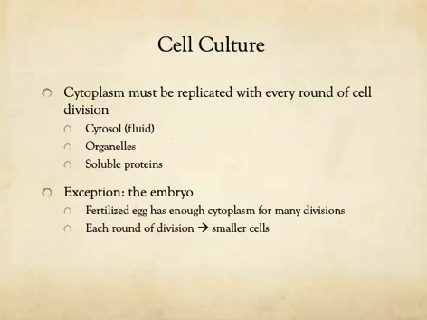Now, there is one important exception that I want us to be familiar with, and that is in the embryo. Remember, for a human being, an embryo is created when a sperm cell and an egg cell come together and fertilization occurs. The one-celled embryo that is created is called a zygote. And that embryo then will begin to divide.